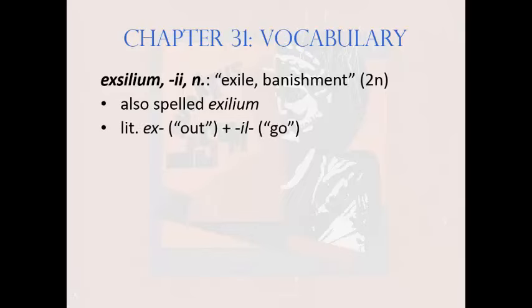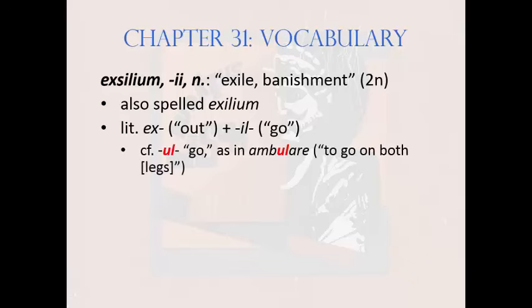Literally, it's a compound of the prefix ex, meaning out, attached to the verb base il, meaning go, a base that's seen in a slightly different form, ul, in ambulare, to walk, literally to go on both, amb, presumably, legs. As far as we can tell, that is how most Romans walked. And the last noun in this vocabulary list is vinum, vini, neuter, meaning wine, it's second declension.